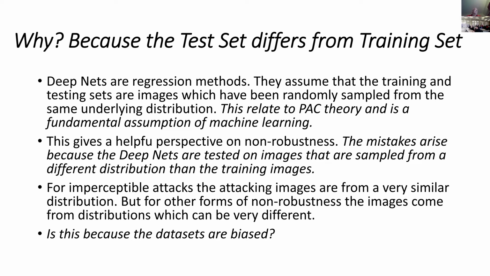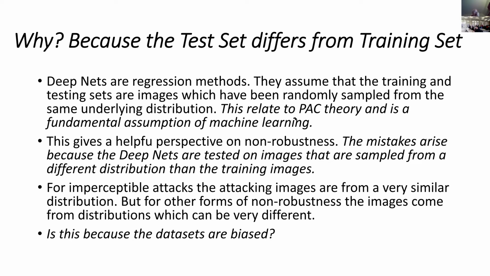That's true. Now, for imperceptible attacks, the attacking images are very similar to the normal images because they are small perturbations of them. So they come from a distribution that's very similar to the original distribution. But for the other forms of non-robustness, if you have patch attacks or occluders, the images come from distributions which can be very different.